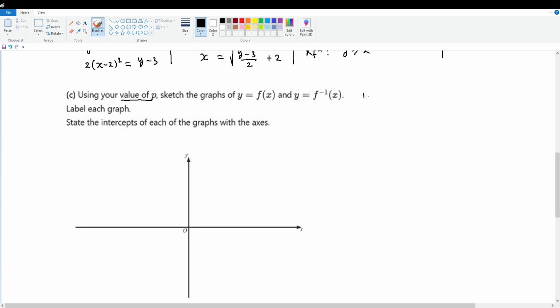So the first thing that you need to do is evaluate the coordinates of y equals 2x squared minus 8x plus 11. Alright? And then we can simplify this, it becomes y minus 3 equals 2 times (x minus 2) squared.